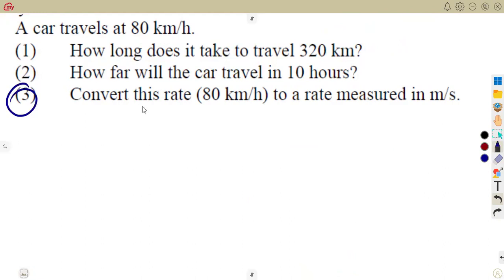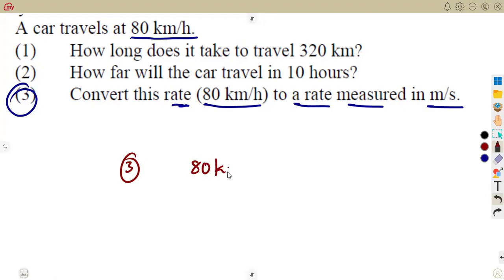On number 3, it is to convert this rate, the one that we are given here, 80 kilometers per hour, to a rate measured in meters per second. How can we convert 80 kilometers per hour to meters per second?